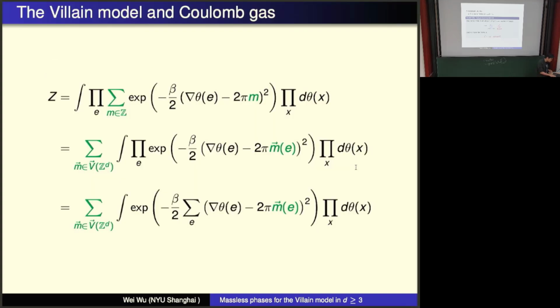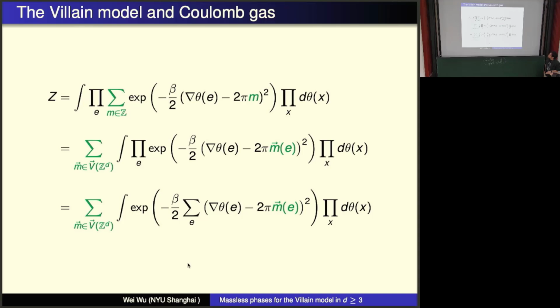So now, if we look into the Villain model, on every edge I have a sum over integers, and I can first exchange the sum and product. So I have a big summation outside, which is basically over a 1-form, and what you have inside is the product.